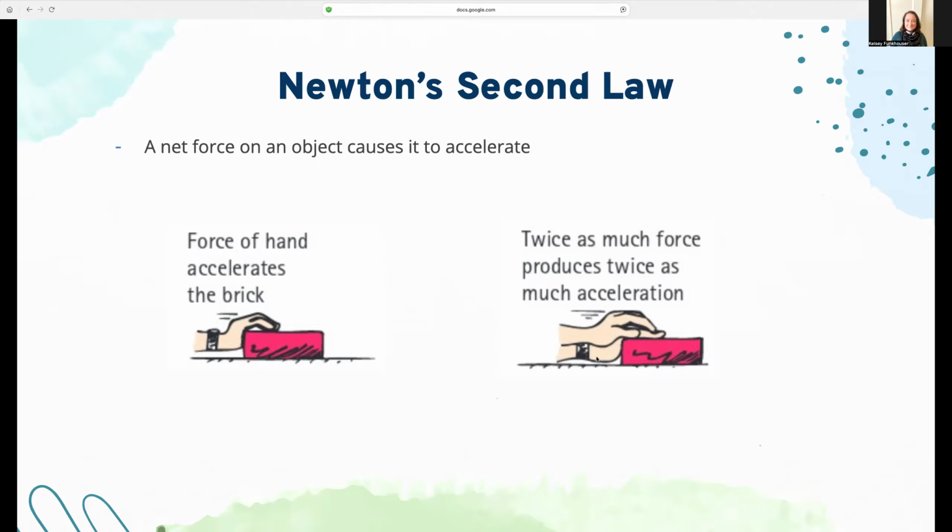And one thing to note: if you look at an object and it isn't accelerating, but the forces you know about don't cancel all the way out, then you're likely missing a force that is acting. Just like with the scaffold, we knew there was not a net force, we knew there was not acceleration, so we had to figure out what force we weren't seeing.